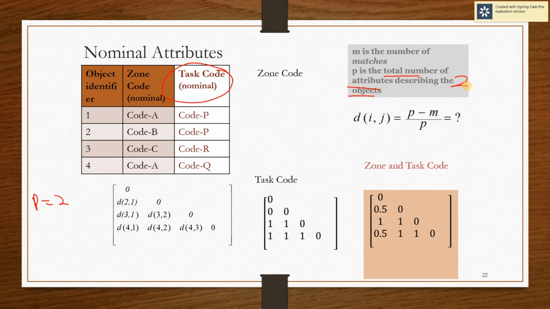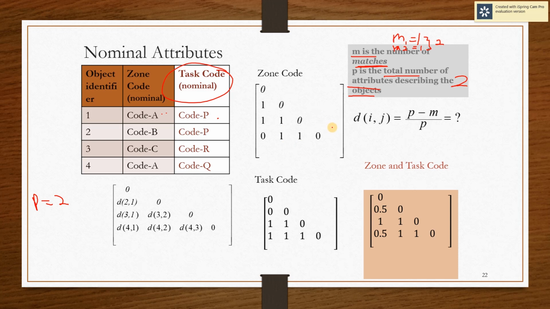M is the number of matches, so you have to check whether there is a match in the first attribute and in the second attribute, and add them together. For example, if the first attribute has one match, M1 equals 1, and the second attribute has M2 equals 1, then M would be 2.